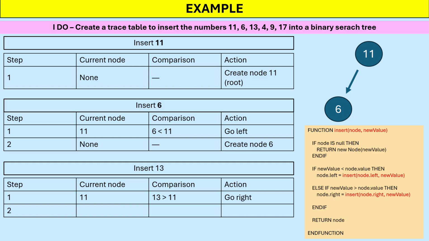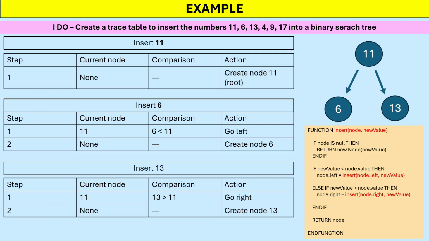On the right side of 11, it's actually null. There's nothing there. If there's nothing there, it means that we can insert our number 13 on the right side of 11. So that's how it works on the basics.